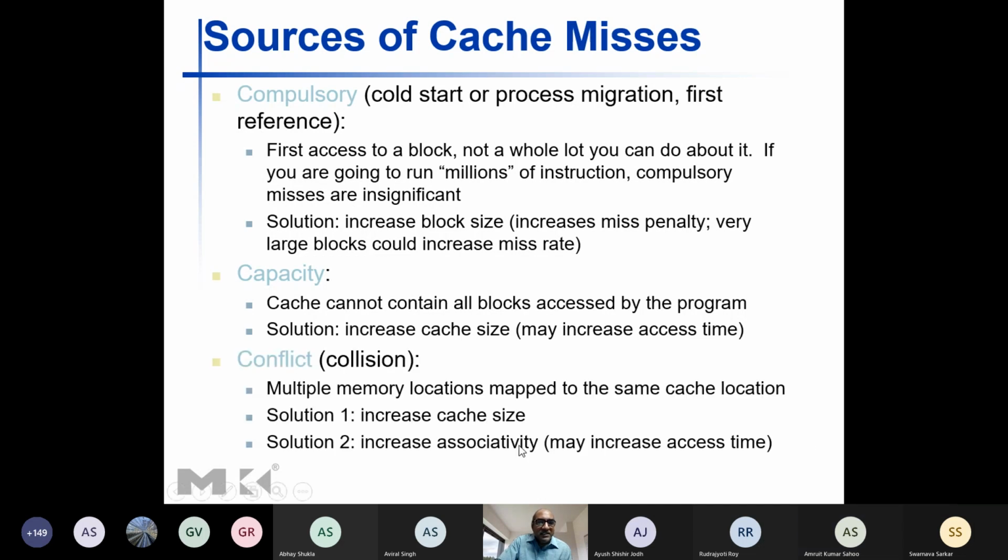Okay, then another one is conflict misses. It is somewhat related to this one, because in the case of a cache, as we have seen in the direct mapped cache, multiple memory blocks are targeted to a single location. As we have seen with a simple example, there are 16 words in the main memory and only 4 word locations in the cache, which means 4 of the words will compete for one location, right?